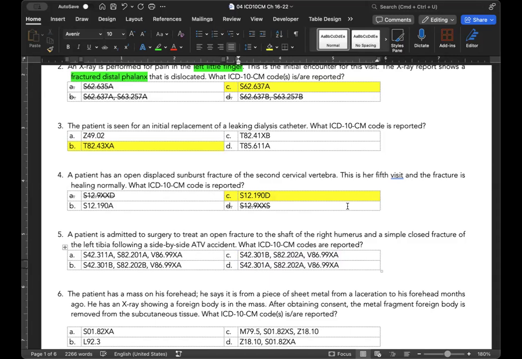What would our 7th character be at that point? Okay. So I've got some D's, some G's and B's. Okay. So, Carrie, why would it be your initial encounter? I just want to hear thought processes.